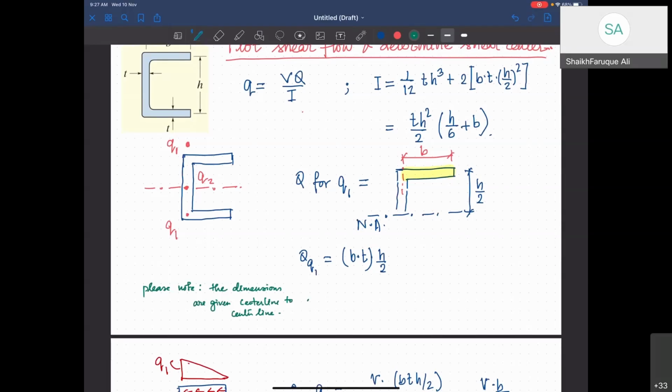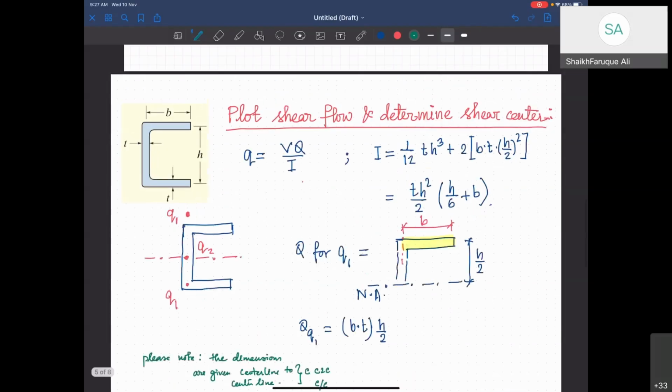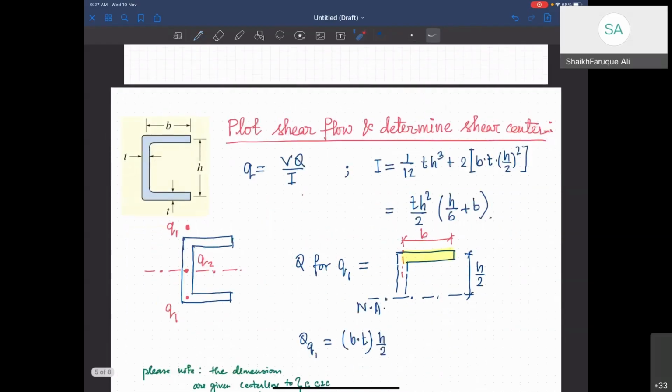Okay, we call it C2C, center line. Right.